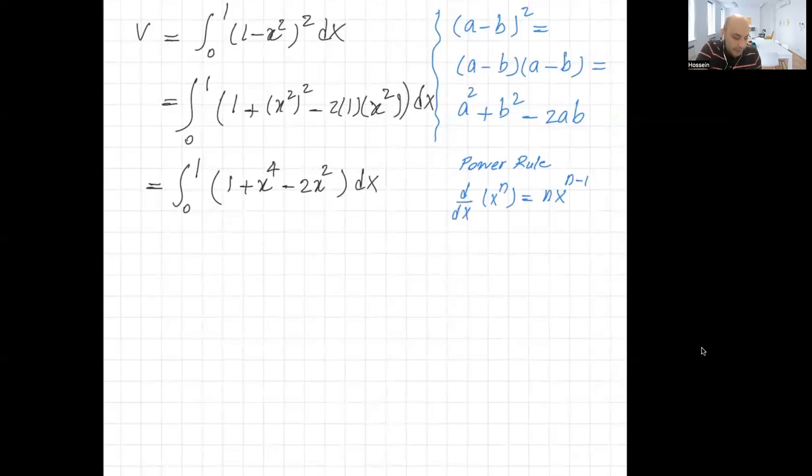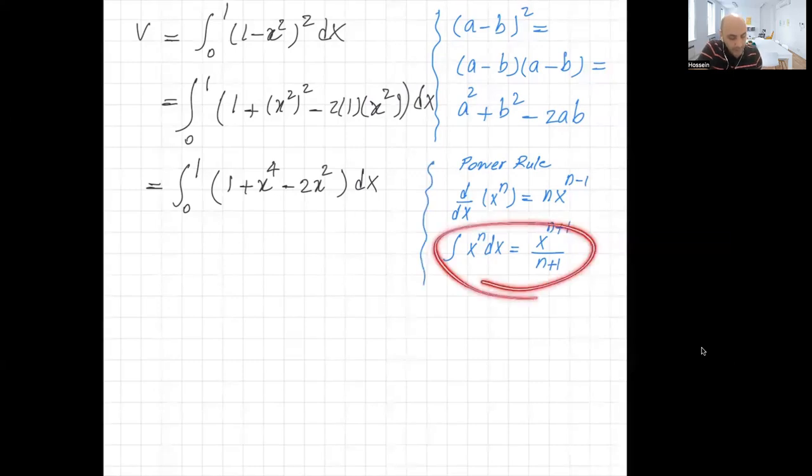And for integration, it's the opposite: the integral of x to the n dx is equal to x to the n plus 1 divided by n plus 1. So I'm going to use this rule and solve this integral.